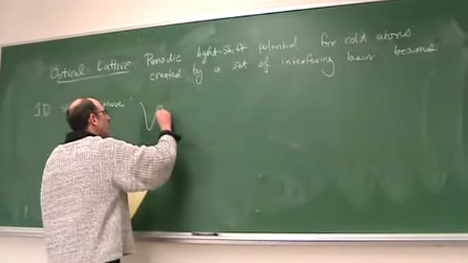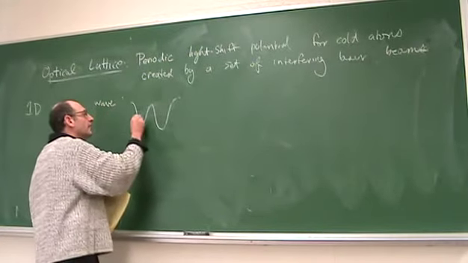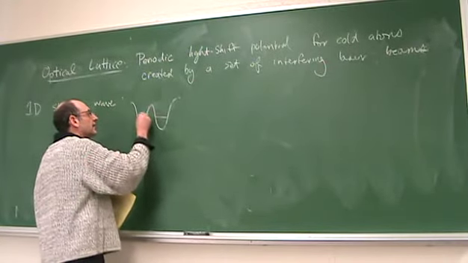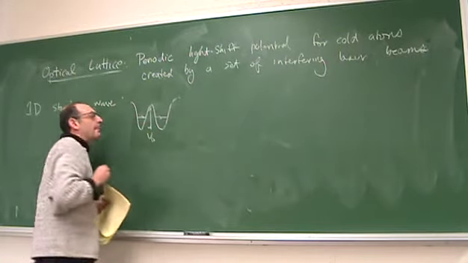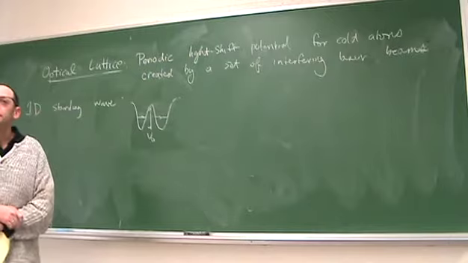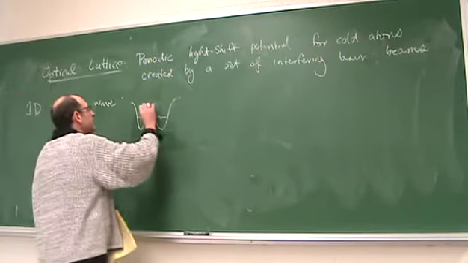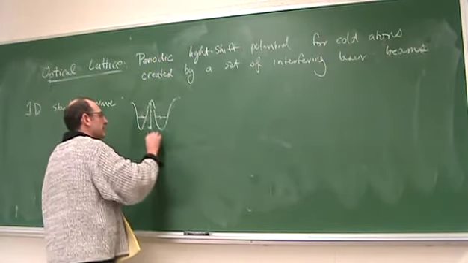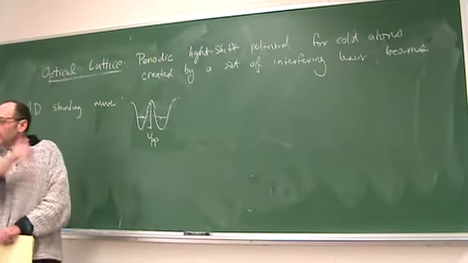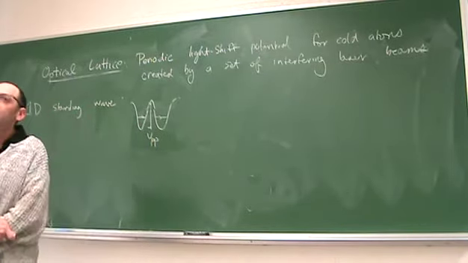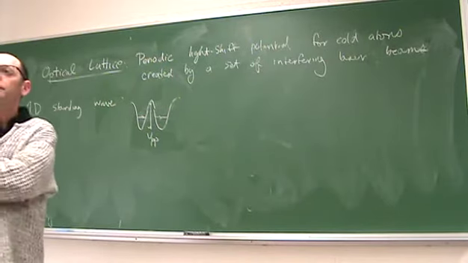Suppose I just think about two wells with some barrier depth between them. In our case, this is a standing wave, so let's call this the peak-to-peak height that we were just discussing. So how might you estimate this tunneling rate?